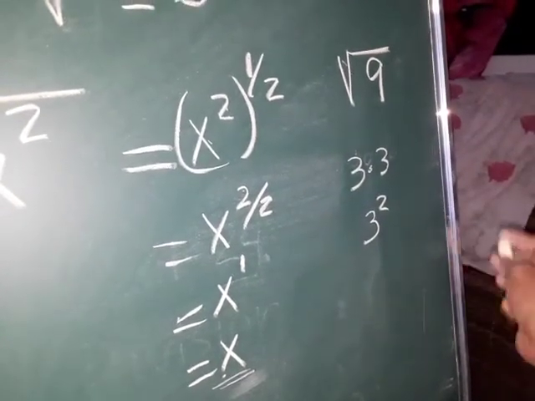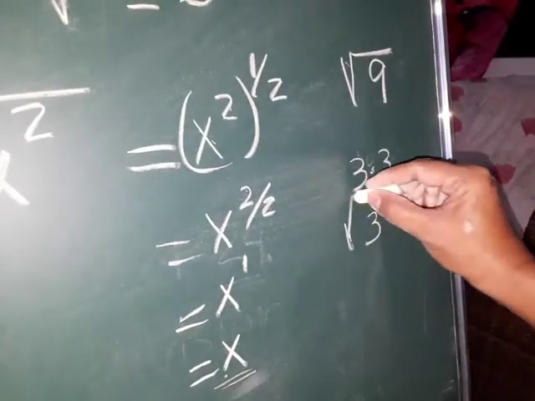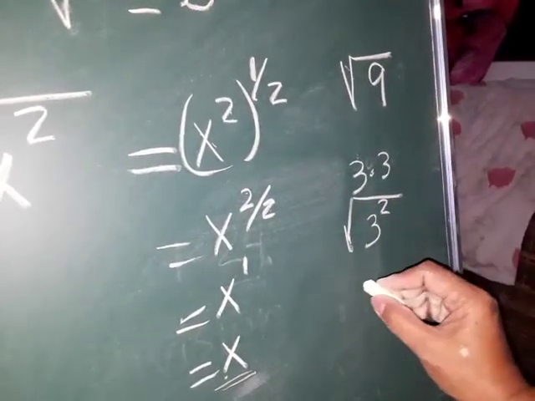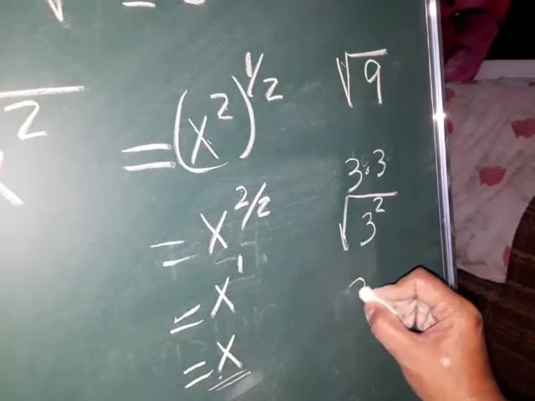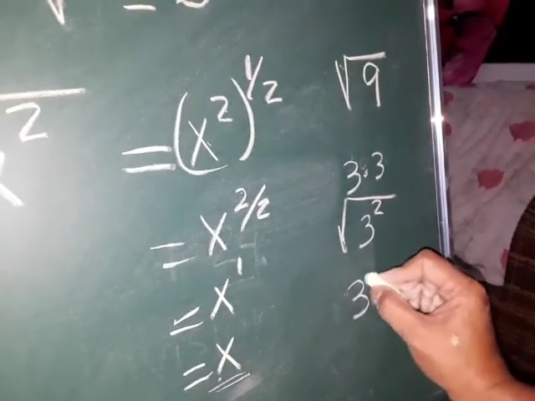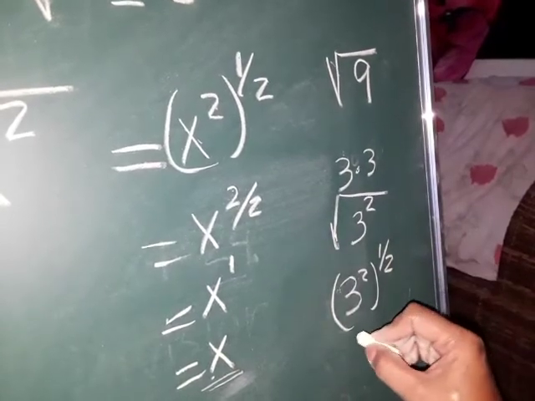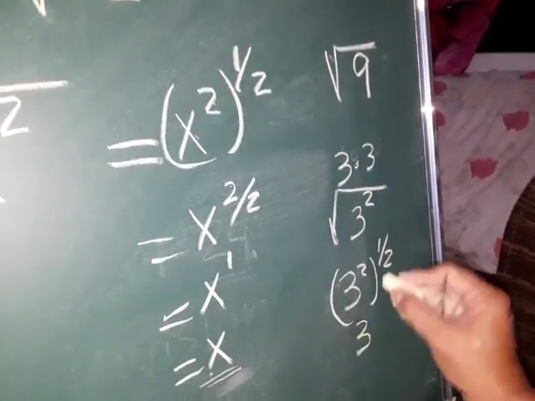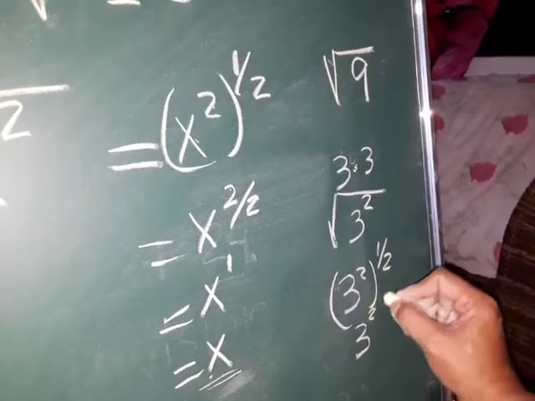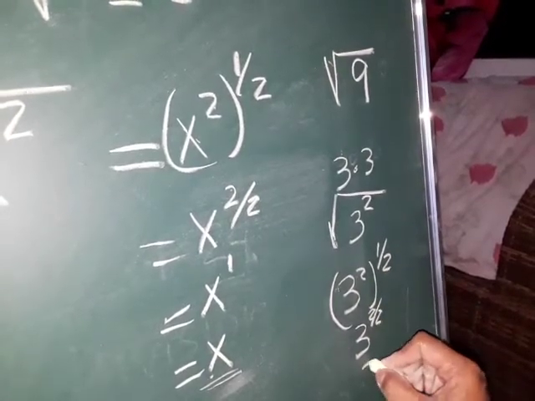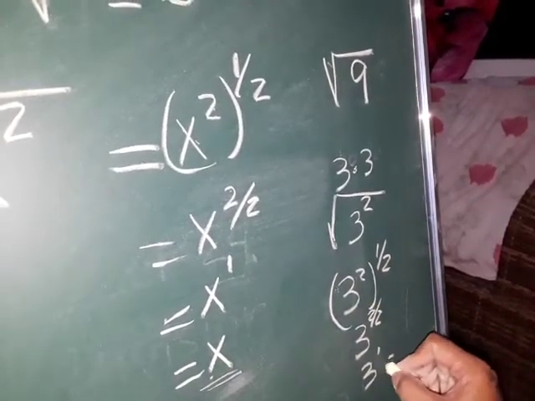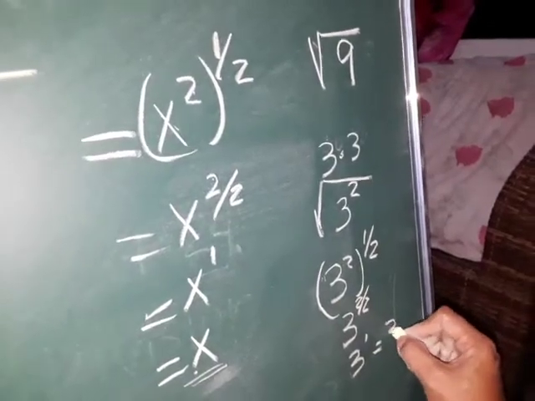If it is 3 squared and you put a square root, as I mentioned a while ago, that is exponent 1/2. So 3 squared times 1/2, then 2 times 1/2 is 2 over 2. So 3 raised to 1 or simply 3.